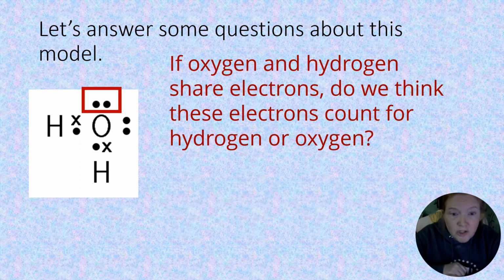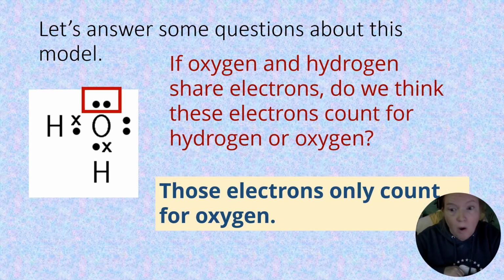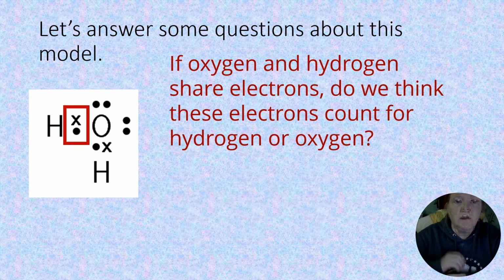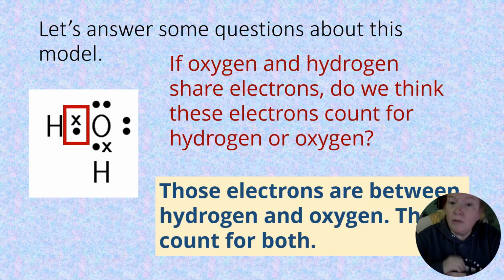Do they count for hydrogen, for oxygen, or both? Yeah, those ones also only count for oxygen. So what about those electrons? Do they count for hydrogen, for oxygen, or for both? Well, those ones count for both because they are between the 2 atoms.